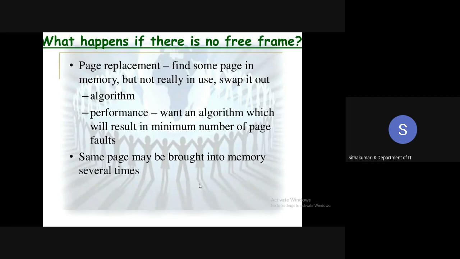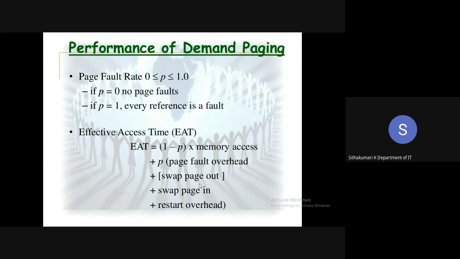One particular page fault may refer to multiple pages to be brought in, and multiple page faults may happen. So whenever you want to replace a page, you need to identify the victim page as per the page replacement algorithms.